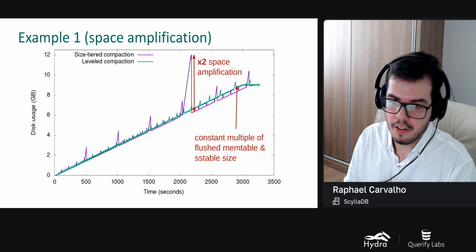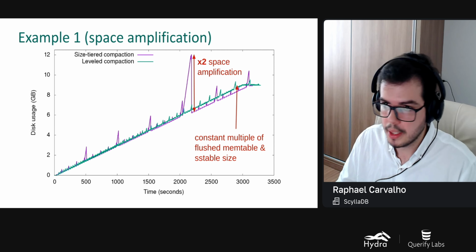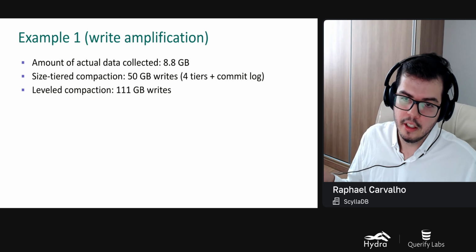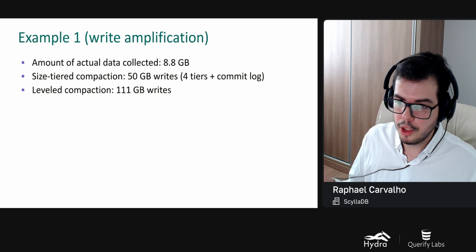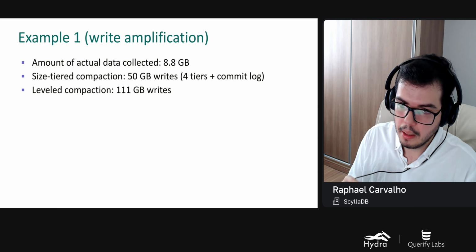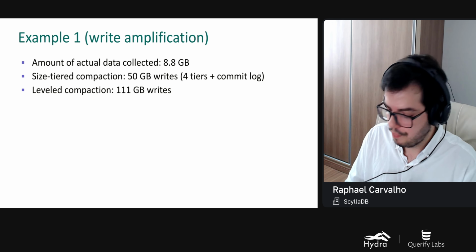And that doesn't happen with leveled policy, which is more or less the concept we apply for incremental compaction. So the write amplification of leveled policy in this particular workload was a bit more than twice that of the tiered policy.